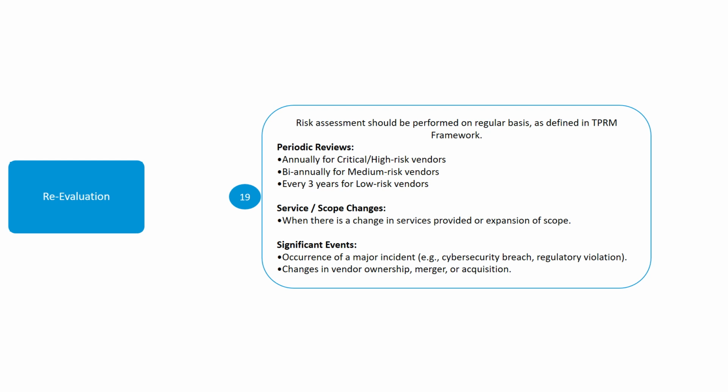Finally, assessments are performed after significant events, for example, a cybersecurity breach, a regulatory violation, or major business changes like mergers and acquisitions. This ensures that risks are continuously identified, evaluated, and addressed throughout the vendor relationship.